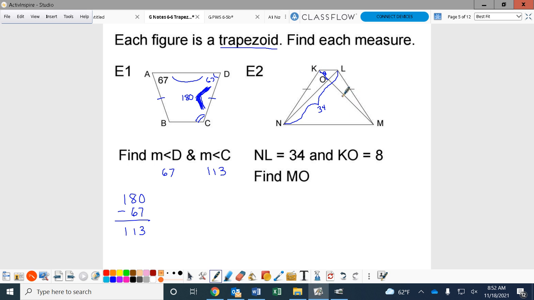We'll call it X. Guys, they're equal to each other. So we're just going to set 34 equal to X plus 8, because it's those two things put together.